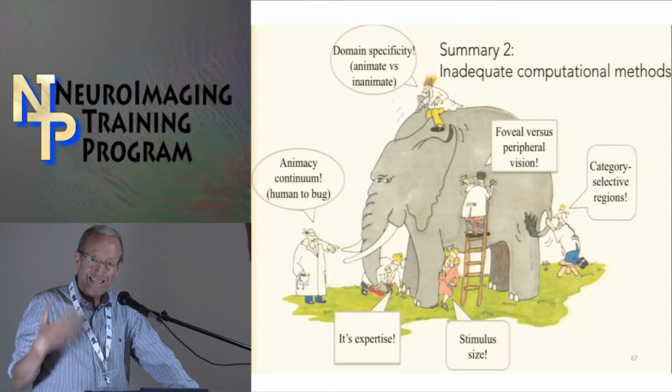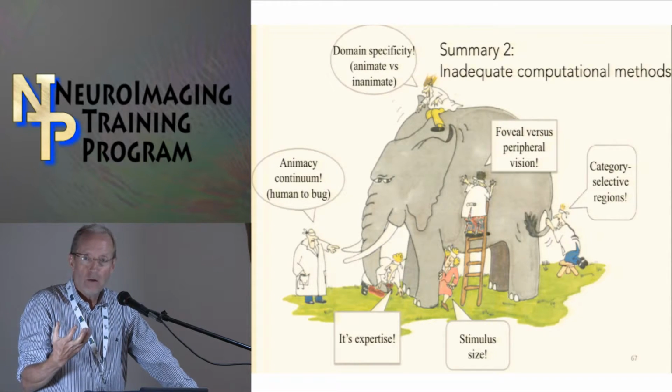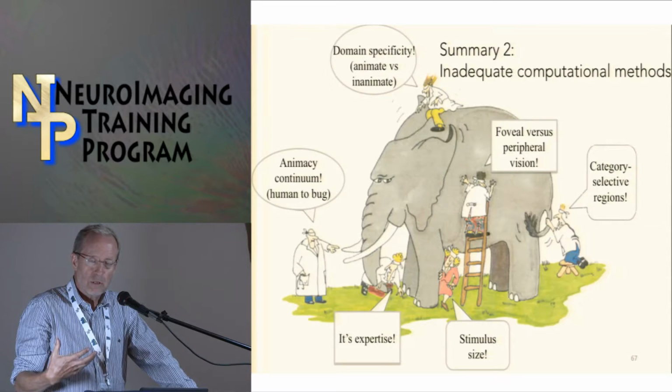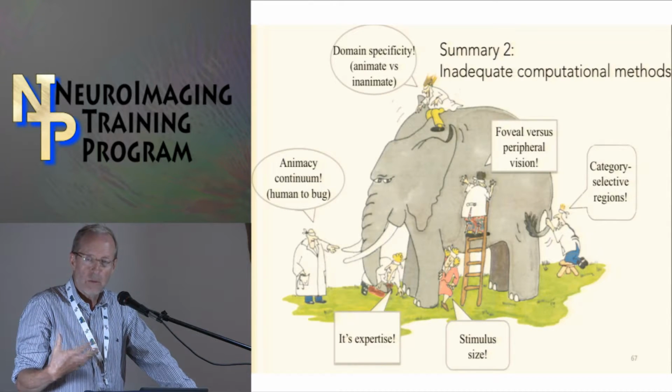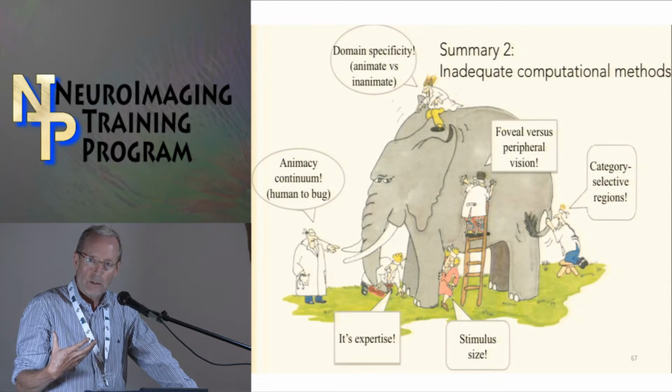But because they can't see the whole animal, they can't put all those features together into the totality of an elephant. And in a sense, when we think about ventral temporal cortex and try to approach that with experiments based on limited stimulus sets with limited computational methods, it's like being blind, because we don't have adequate stimulus sets, we don't have adequate computational methods to see the totality of ventral temporal cortex.